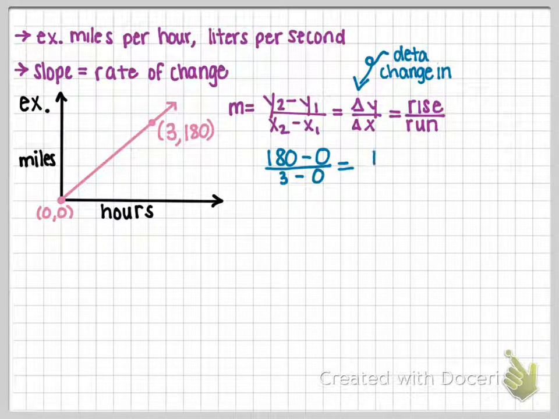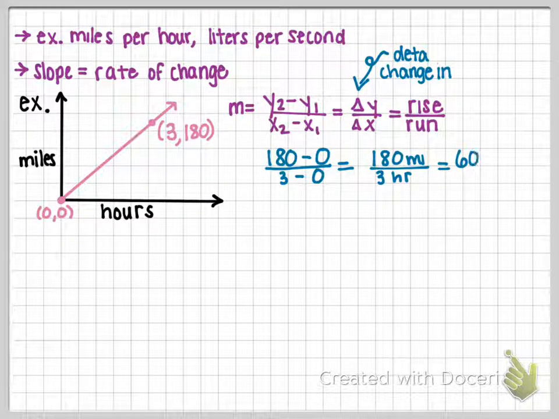So when I simplify this, I end up with 180 miles over 3 hours. And then when I simplify that, I end up with 60 miles per hour. And sometimes this is written miles with hours with a little -1 as the exponent.